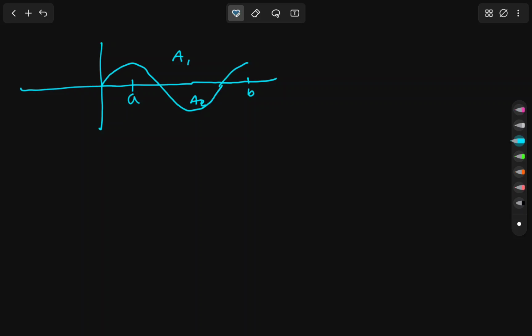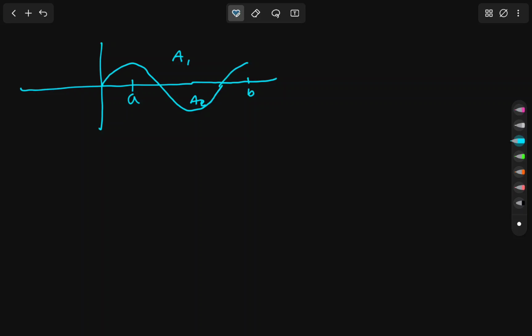Now the issue with that is, according to the actual definition of area, the area cannot be negative. It would be unreasonable. But we have functions that go beneath the x-axis. So what the integral really represents is the net change.